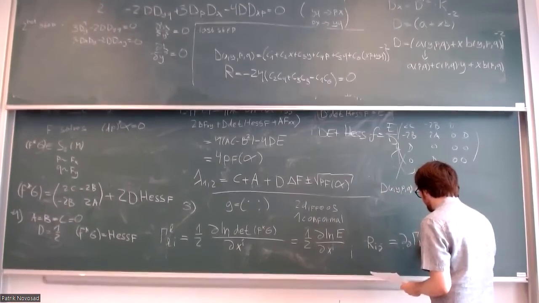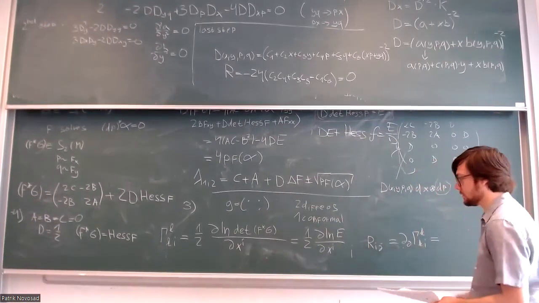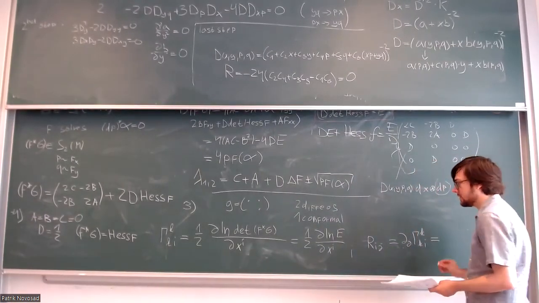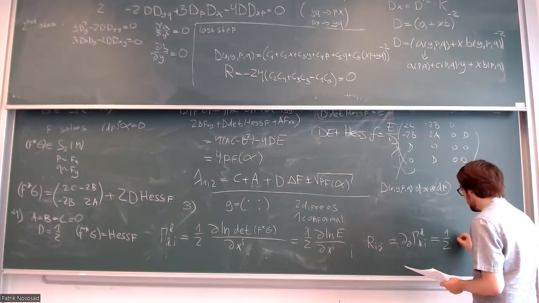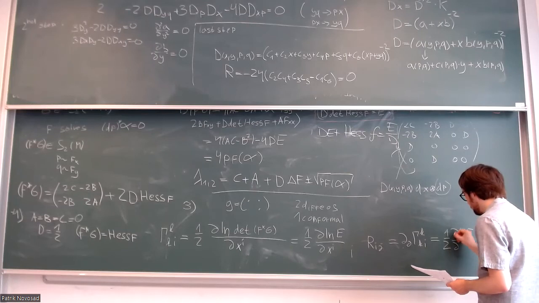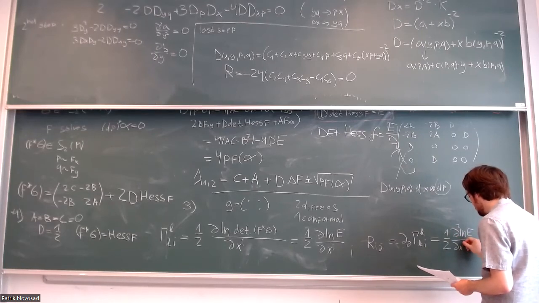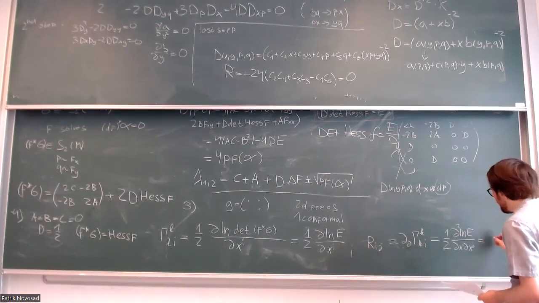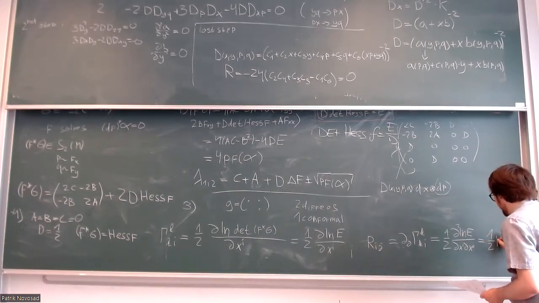Therefore, for these special types of metrics, the formulas simplify this way, and that is just 1/2 the derivative of the logarithm of e over dxi dxj, which is again the Hessian of the logarithm of e.